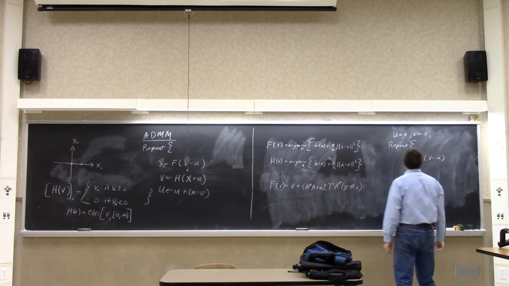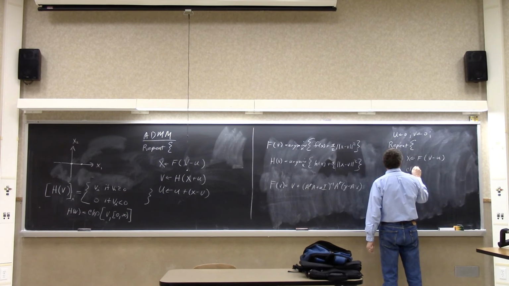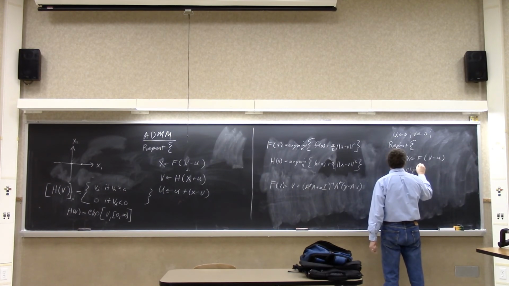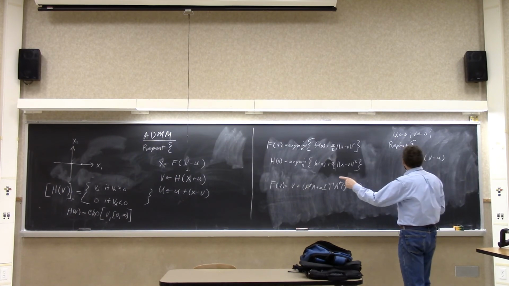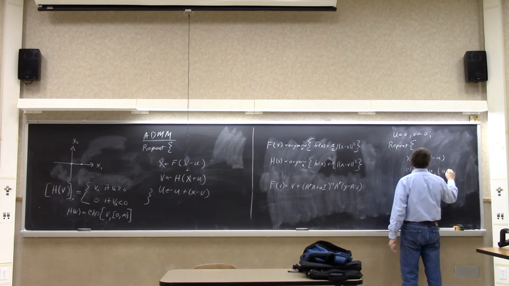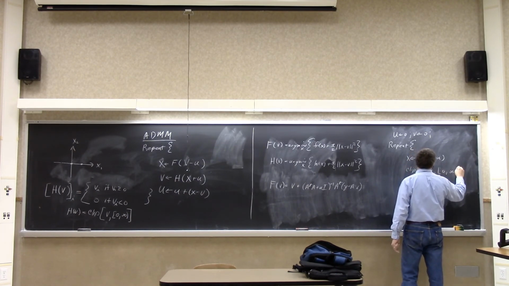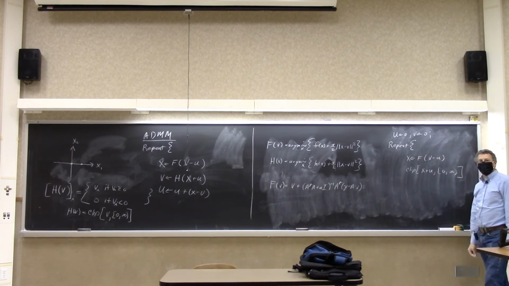And then what you do is you clip, and when you clip now, you have to clip x plus u. So you take x plus u, and you clip it to the range 0 to infinity, making sure it's positive.